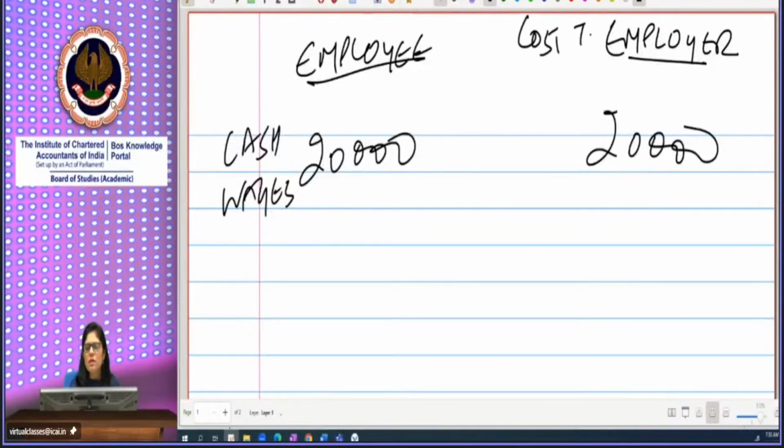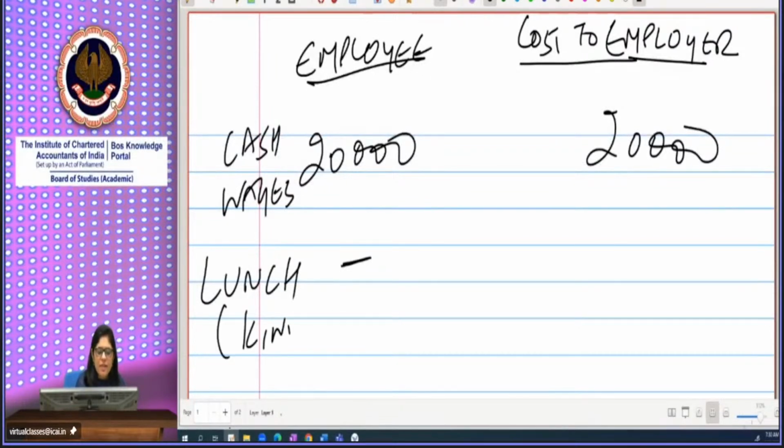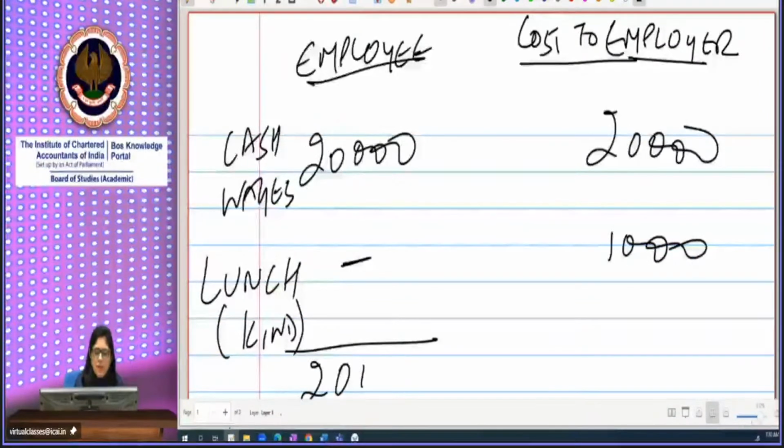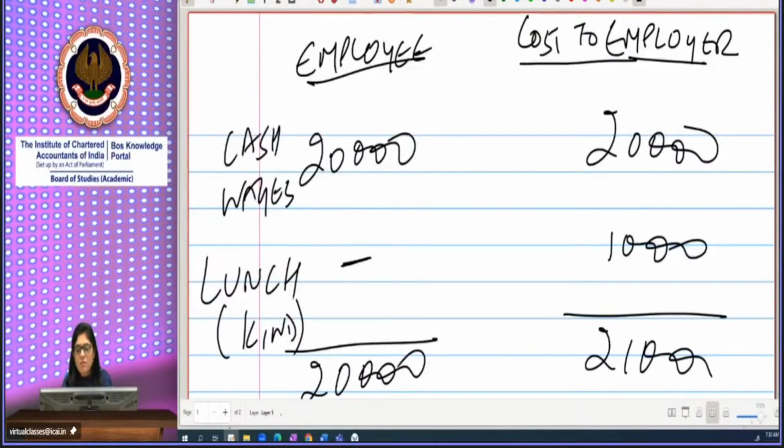Cost to the employer is also 20,000, plus the employee is getting free lunch. It's not paid, because it's not in cash. It's in kind, free lunch. But the cost of the lunch is borne by the employer. Let us say the cost of the lunch is 1,000. So the salary of the employee is 20,000, but the cost to the employer is 21,000.